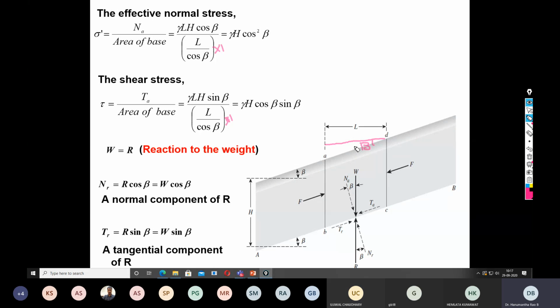So cos beta is nothing but abscissa by hypotenuse. Sin beta is opposite side by hypotenuse.